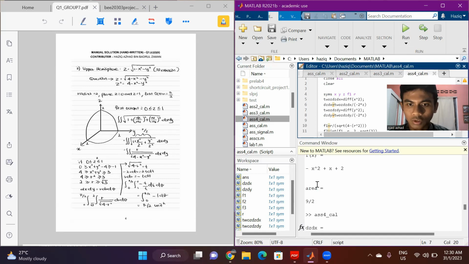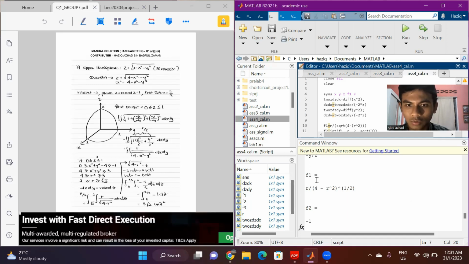From the question, first we need to find x squared, which we change to z over x squared. Also y squared we change to z over y squared, and then we get the equation r over 4 minus r squared times 1 over 2.